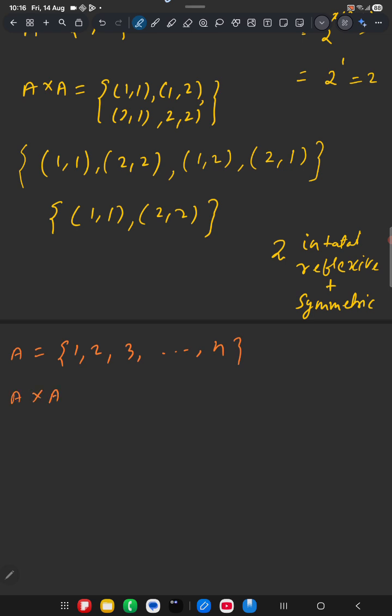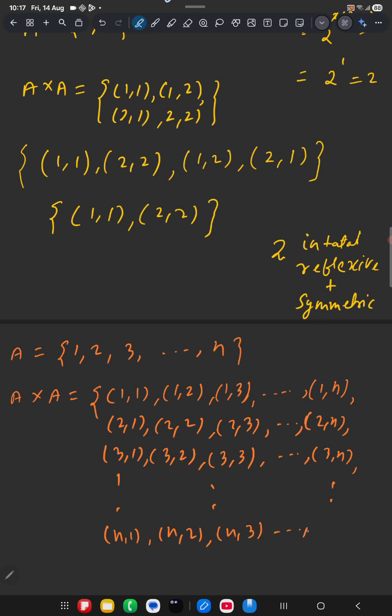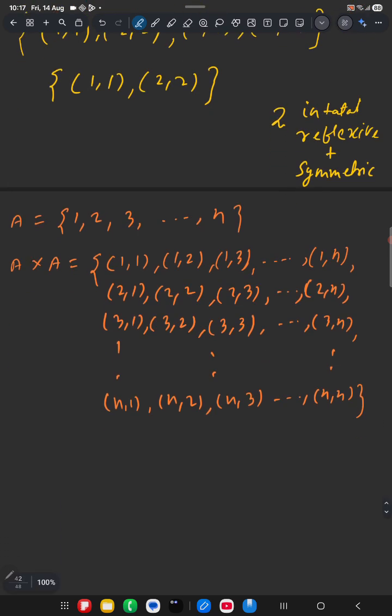So A cross A will contain the elements (1,1), (1,2), (1,3), up to (1,n). Then (2,1), (2,2), (2,3), up to (2,n), then (3,1), (3,2), (3,3), up to (3,n), and similarly (n,1), (n,2), (n,3), up to (n,n). Yes, these many elements will be there in A cross A.